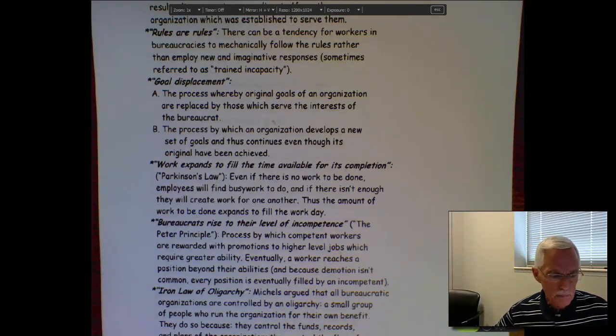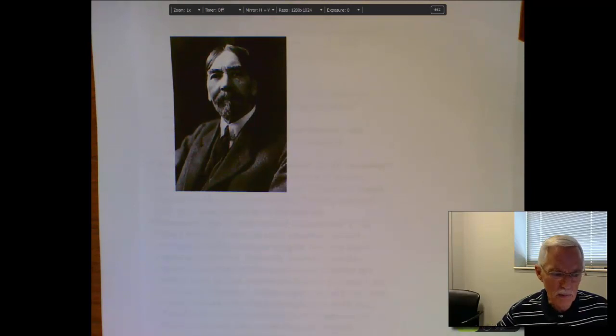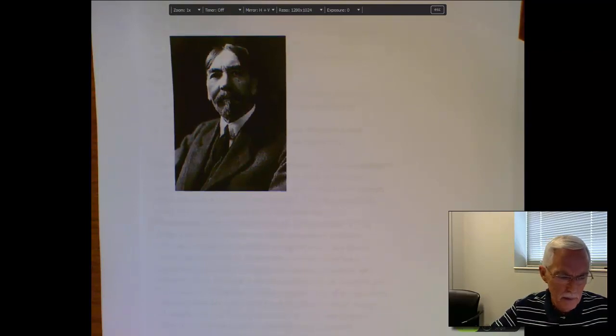Another problem that sometimes crops up with respect to bureaucratic organizations is bureaucratic ritualism, a focus on the rules. This was highlighted by Veblen, who came up with the notion of trained incapacity.